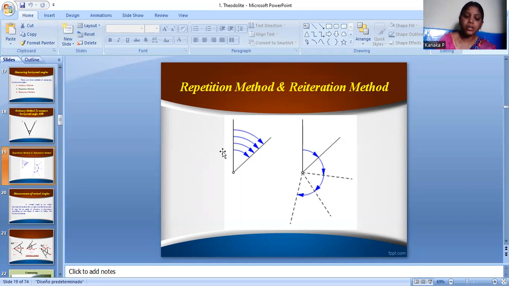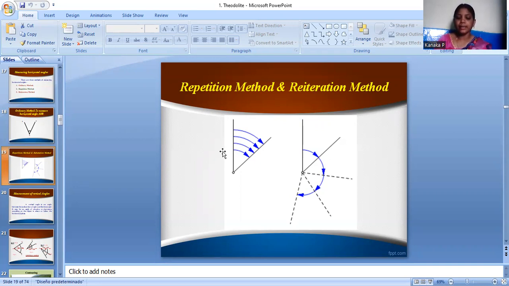Next, the upper plate is loosened and the telescope is turned clockwise, and the object B is bisected accurately. Similarly, objects C and D are bisected successively, reading both the verniers at every bisection.